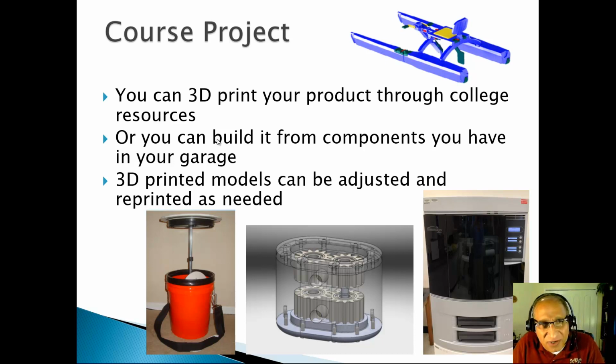At the same time, it should function as intended. You have the choice of building the prototype through the printer, or you can use any components that you have in the garage or junkyard, to prove the concept of your product.